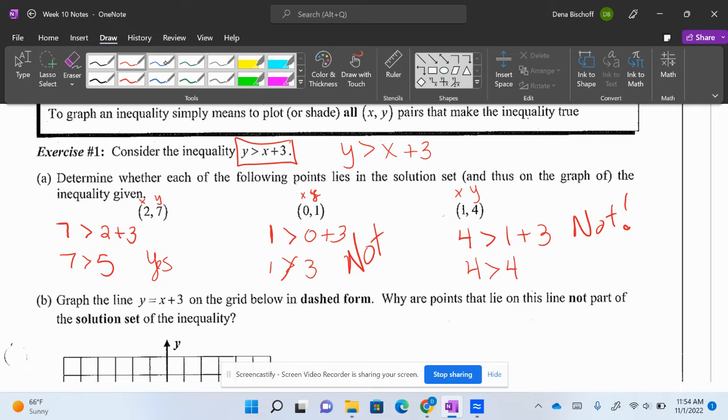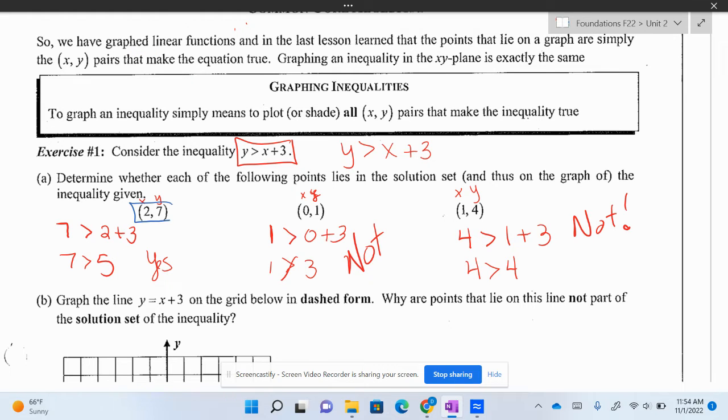So I'm going to write some notes about that. This point would be in the shaded region. This point right here would be on the dashed line. If it were a solid line, 4 is greater than or equal to 4, it would work.